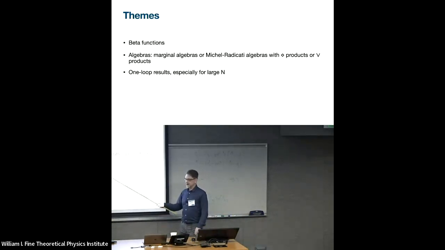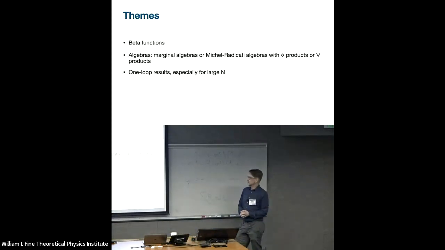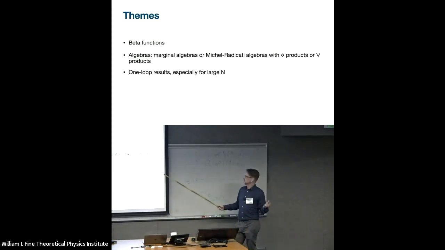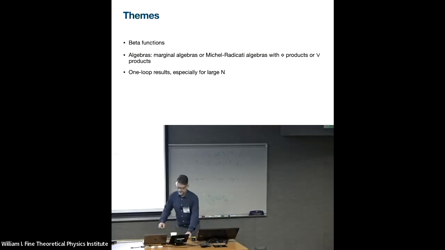In later work, Michel went on to discuss how it works in scalar theories without gauge interactions. We call these diamond products, the products in the algebras. They called it V products. I just kept the notation because we didn't know about the old use before we published the paper. And then I will tell you about the actual results for the models. So how do these models actually behave?